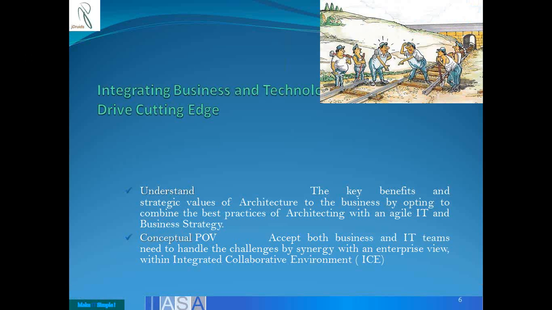If you look at the Project Office, which is the PMO running multiple IT projects, and then you have a business strategy group sitting somewhere else, and then you also have a CTO's office defining some technologies to be adopted for specific needs of the organization. How do they all come together? They have to come together through an integrated collaborative environment.